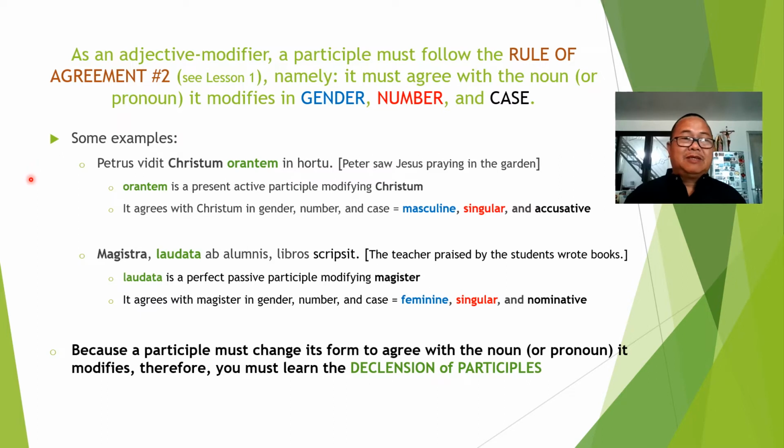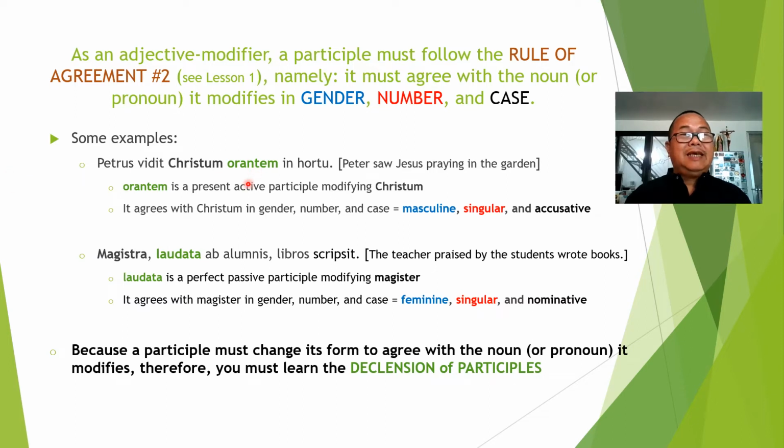Okay, let us give some examples here. You have: Petrus vidit Christum orantem in orto. In English, Peter saw Jesus praying in the garden. If you analyze the sentence, orantem is the present participle from oro, orare. Drop the -are, you have or plus ans, orans.